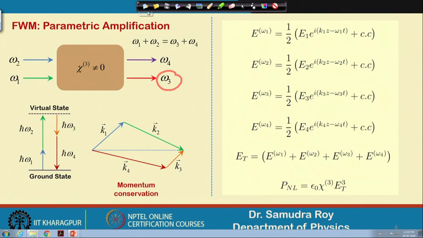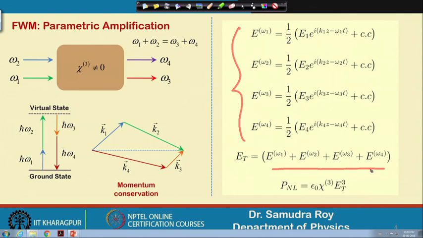So, let us try to find out how the field equations can be generated, which is again a similar process. The starting point is to define our electric fields E1, E2, E3 and E4, the fields of the corresponding frequencies omega 1, omega 2, omega 3 and omega 4. These 4 fields are combined together to generate the total electric field ET.